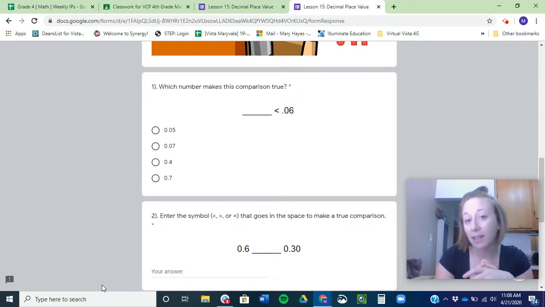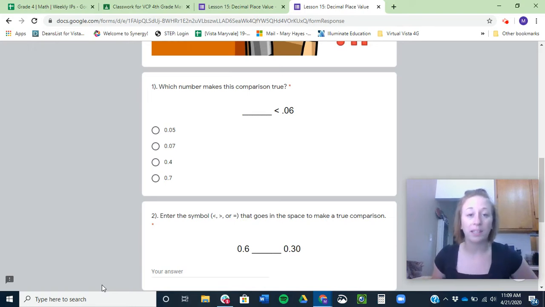All right, for our guided practice for today, however, we are going to compare decimals. That's right, compare decimals. In the first week, we talked about comparing numbers to basically be, are they greater than, less than, or equal to? So we're going to do the same for all of these questions with decimals.